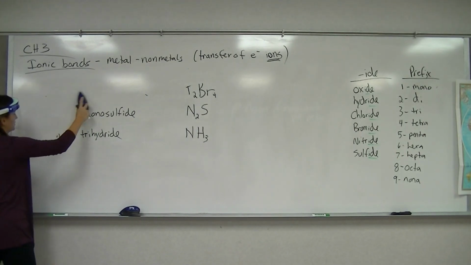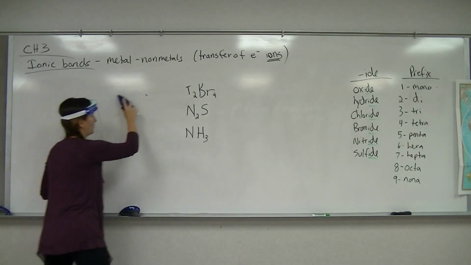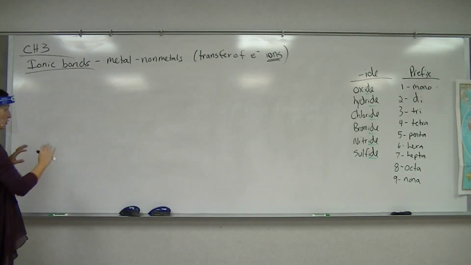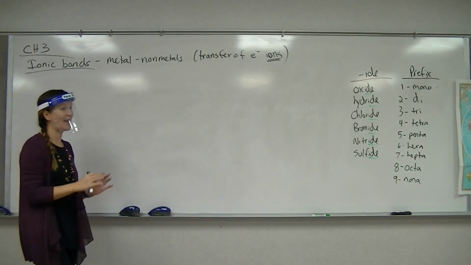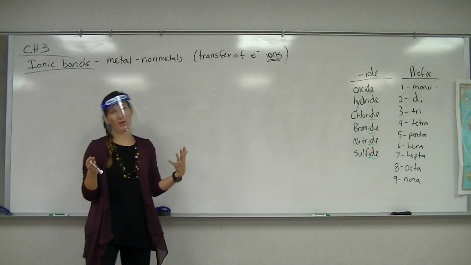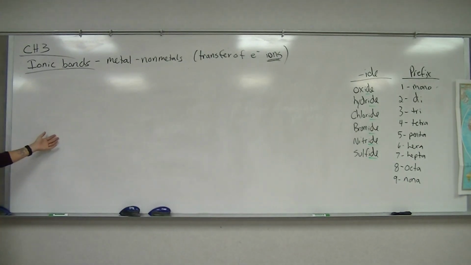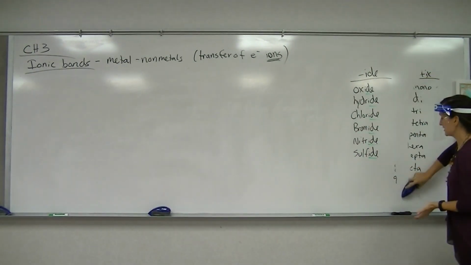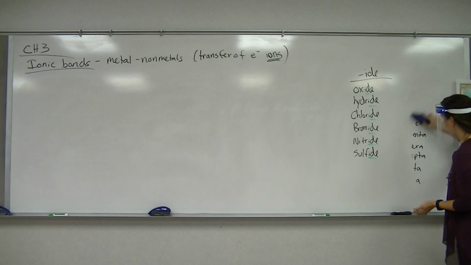So, let's look at how we're naming these. Now notice the metals, that zigzag line, we said they were to the left of the zigzag line. So we're looking at a very large portion of the periodic table. Okay, so these get a little bit complex when we name them. There's more possibilities, there's more types. And we're going to start off with the simplest type.